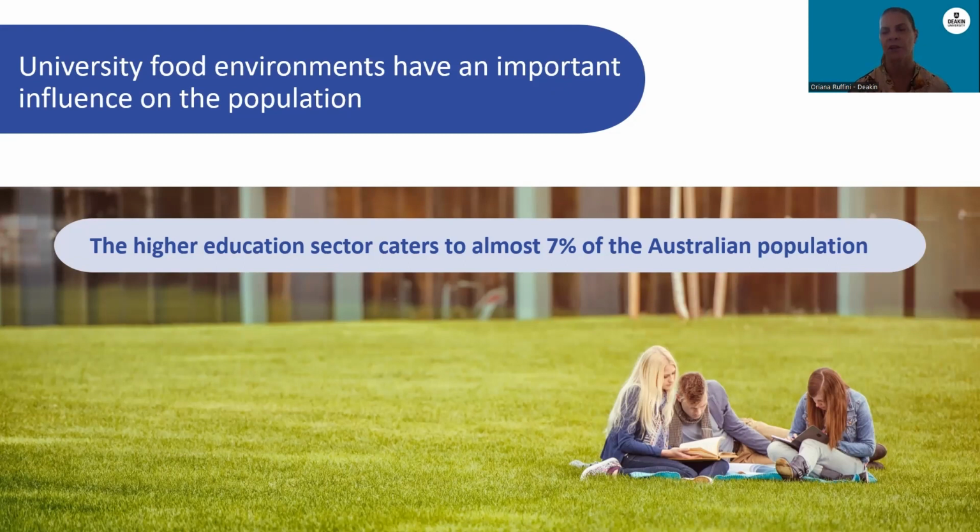There's a lot there that caters to and influences the food choices of a large number of students and staff. University food environments are an important setting to target as part of efforts to improve population diets, just because there are so many students. They cater to over 1.4 million students with a further, I think, 260,000 full-time equivalent employees. So it's a real opportunity.